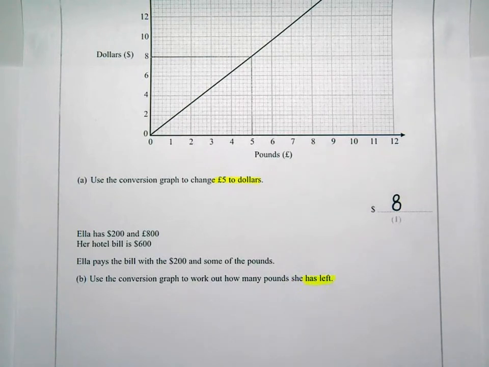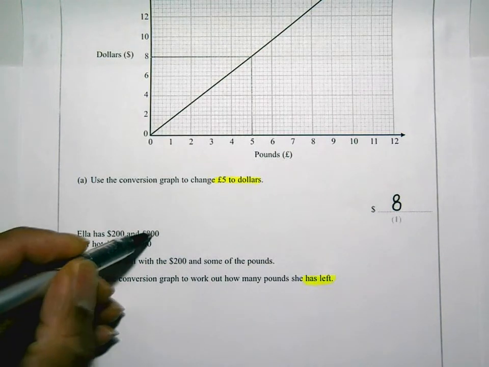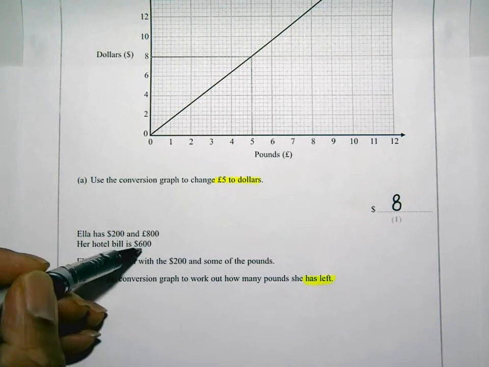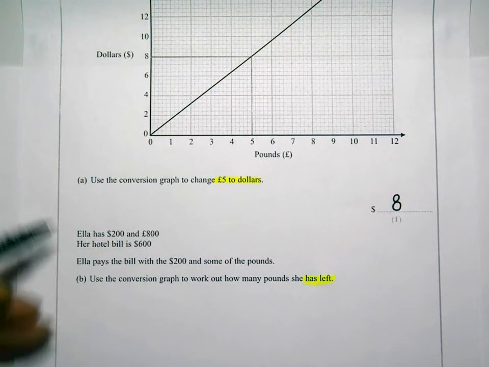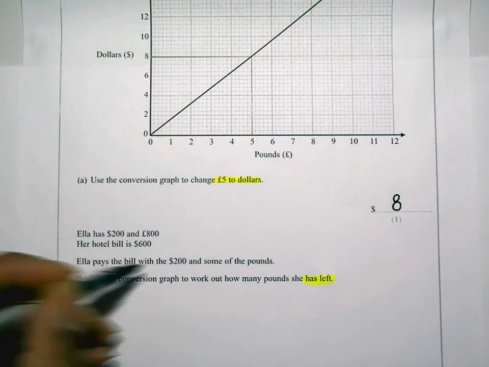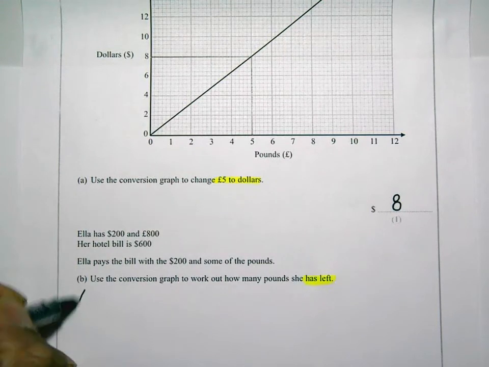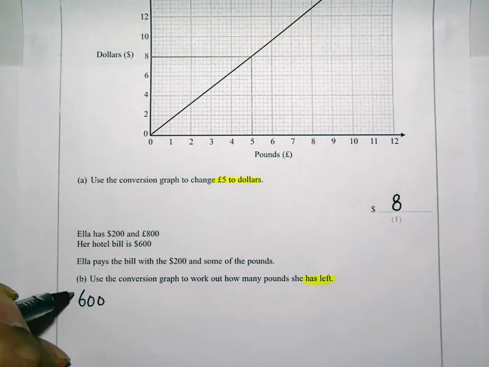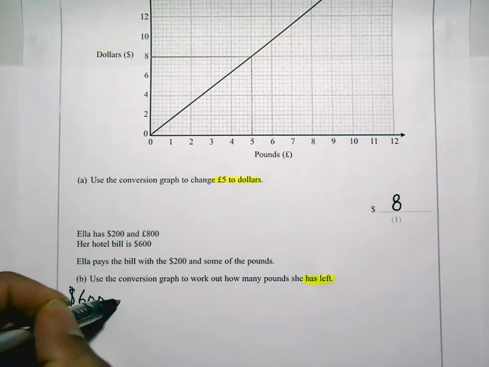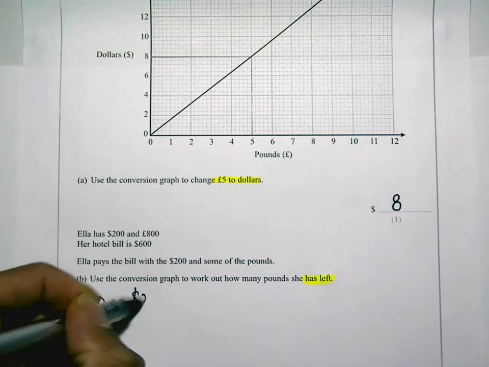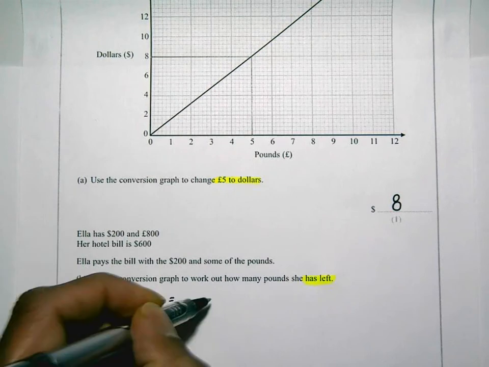Okay, so we need to break this down into bits. Ella has $200 and £800. Her hotel bill is $600. She pays with the $200, so the bill costs $600. She's going to pay with $200, so that means she still owes them $400.